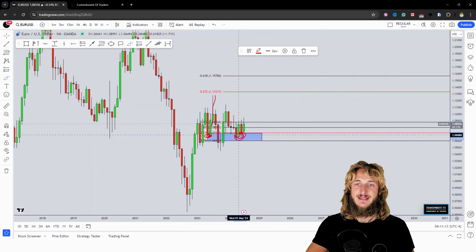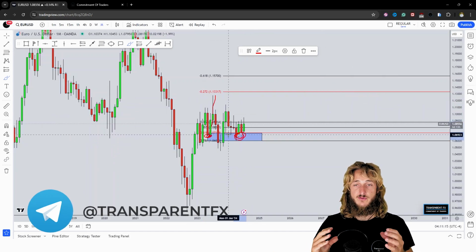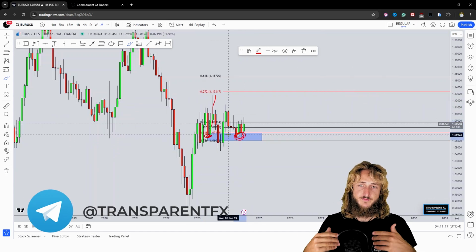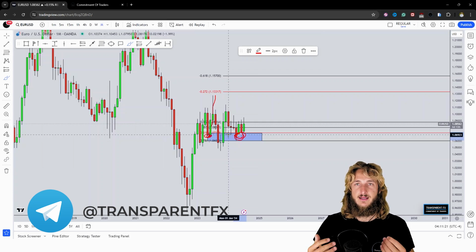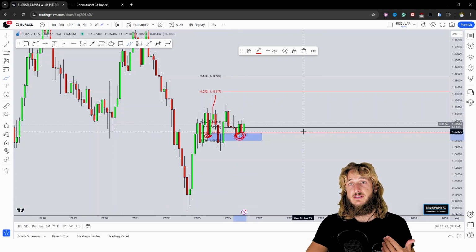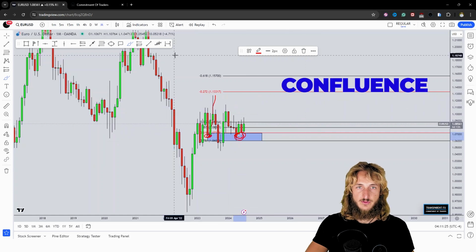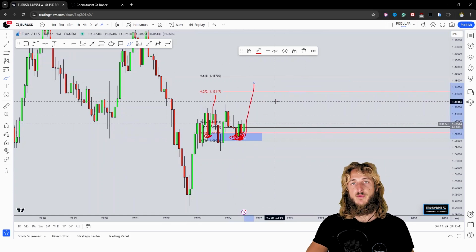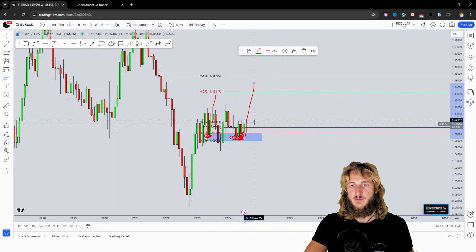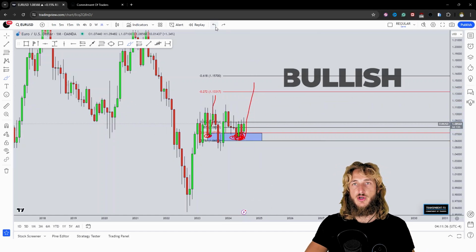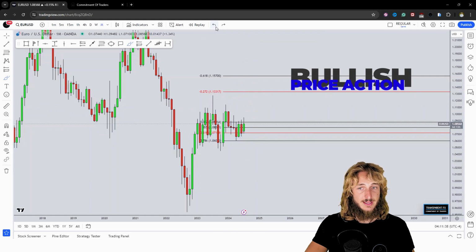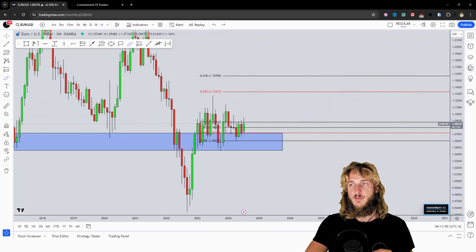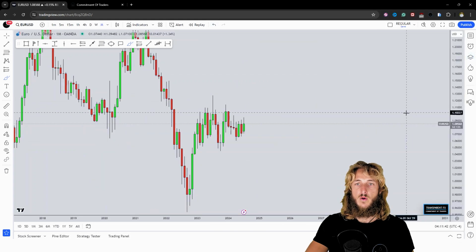This means that since we have multiple layers of support in the same area of price, so the Fibonacci levels and the previous support that is currently still acting as support, this means that essentially we have a confluence of support zone. And inside of a confluence of support zone, there is an increased probability of seeing institutional longing, which at that point could further increase the probabilities of a potential rejection to the upside away from this level. So the monthly time frame at the moment does seem quite bullish.